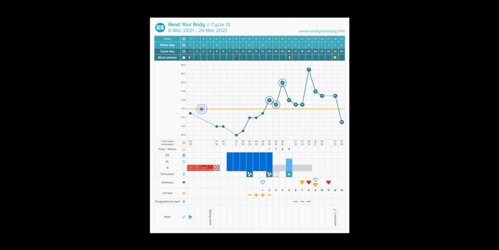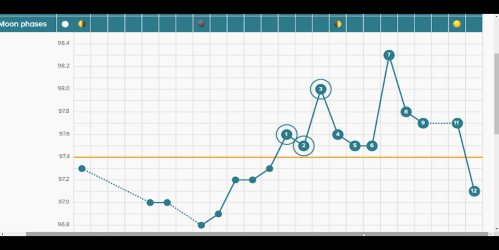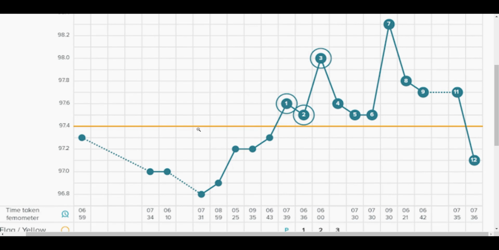And this cover line, its job is to literally just provide a visual barrier and reference point between the lower follicular phase and the higher luteal phase before ovulation and after ovulation. And so as you can see, it's just a little divide that you draw according to the rules.